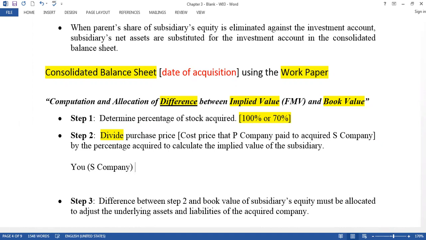So you give me, for example, $150,000. I told you that at this moment, no need to talk about subsidiary or parents.